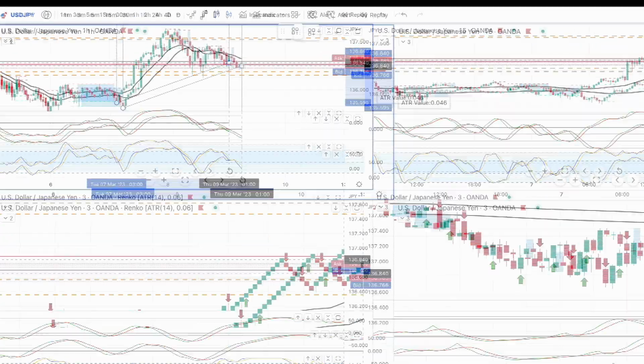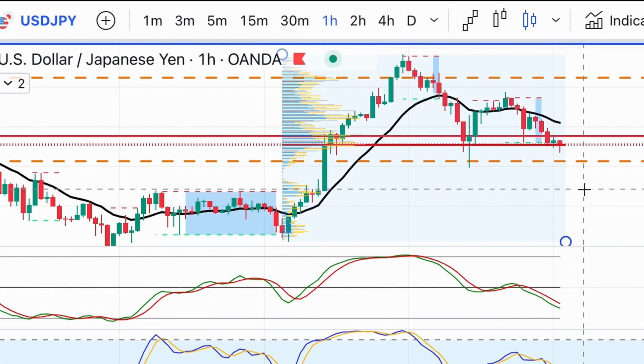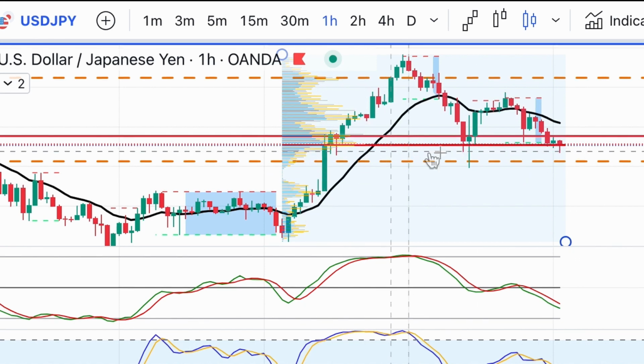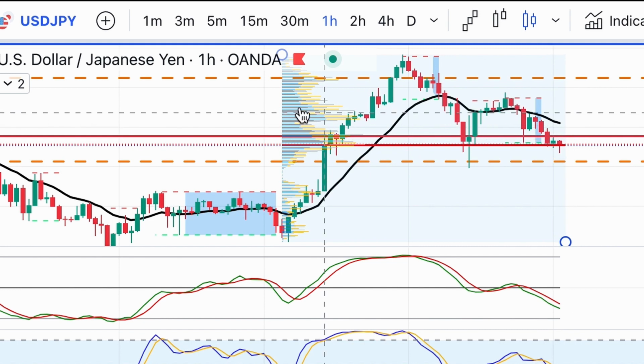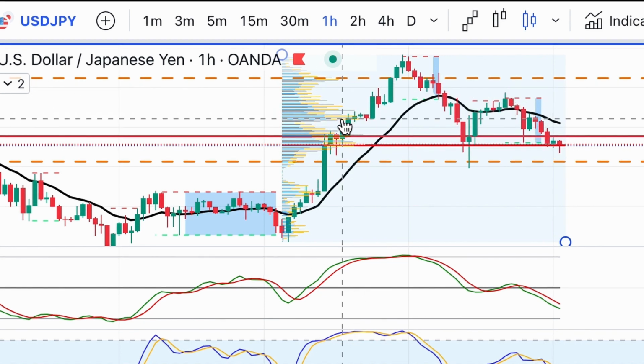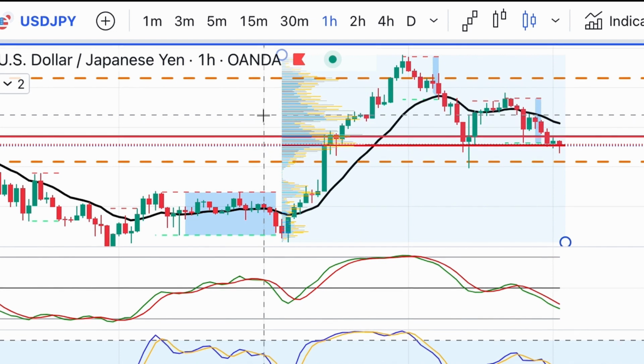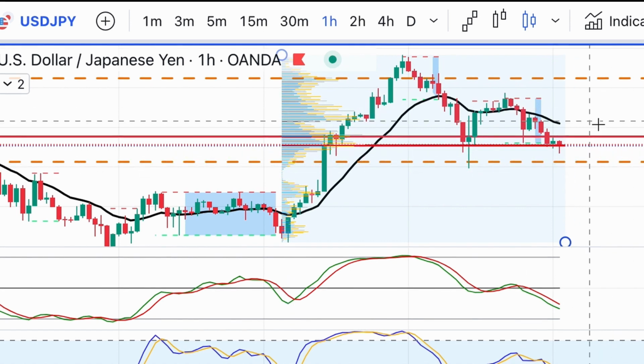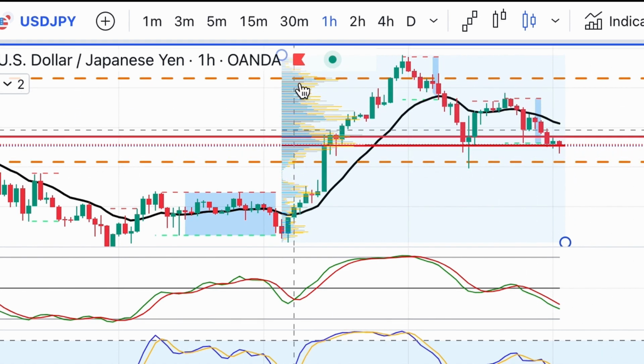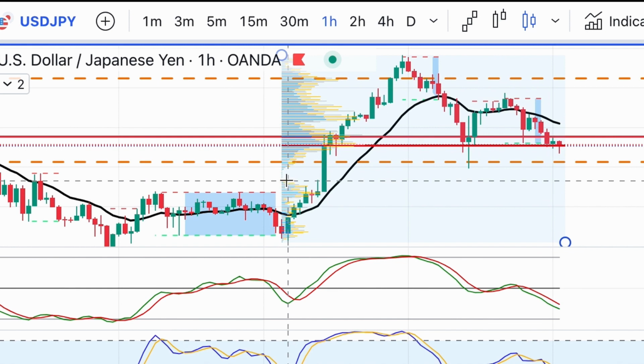You just mark out where you want the profile to navigate, and it will give you a point of interest or a point of control, and then you can see the other areas of price action or volume where price wants to go. You can see that price right now is hovering around a very prominent point of control.